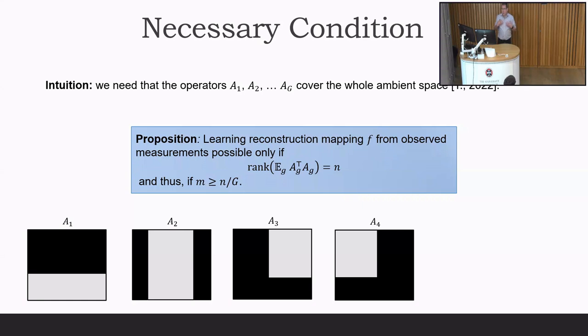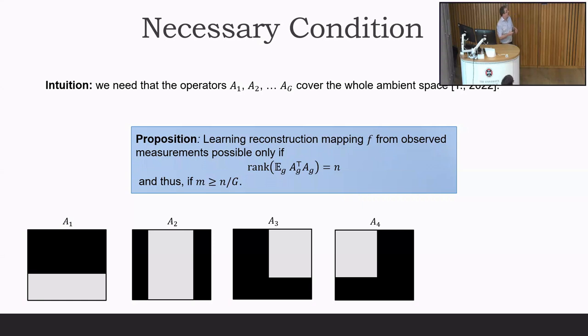So a simple necessary condition for such operators to enable us to do learning from just the measurements is that if I'm given a set A_1 to A_G of operators, these must essentially span the full space.